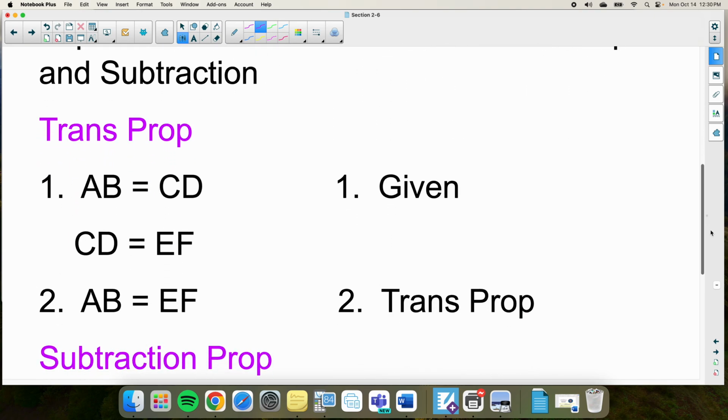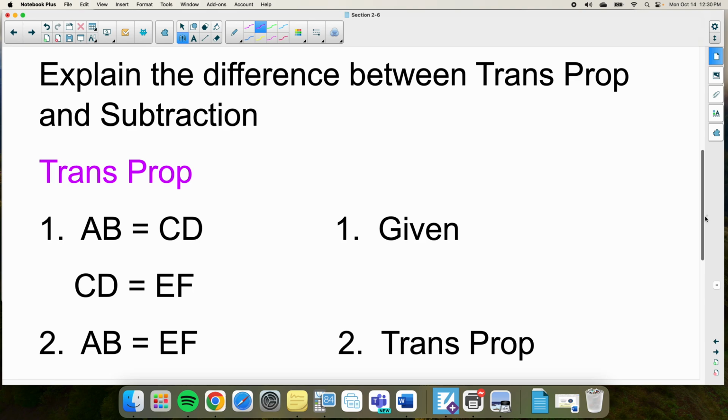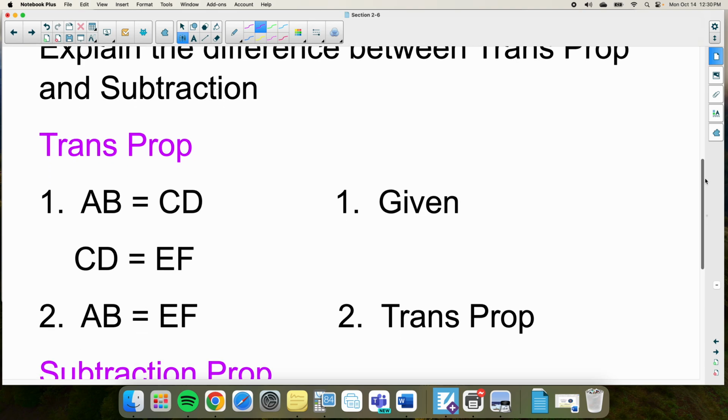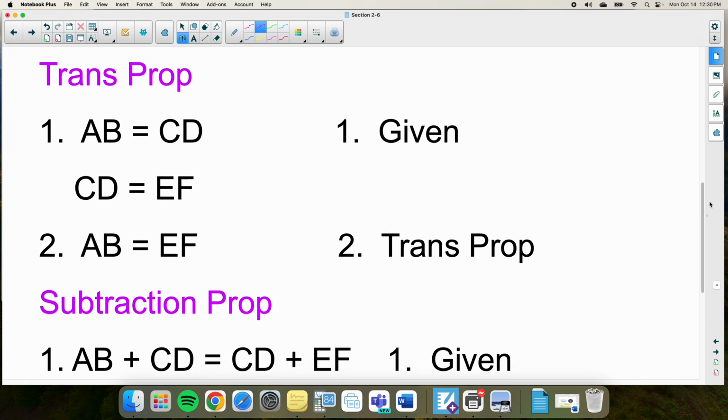The last thing that somebody asked me today, and I've heard this from a couple people this chapter, so I think this is worth going over, is there's a couple people that get confused between transitive and subtraction. Transitive is anytime you have 2 separate equations and the ending of the first and the beginning of the second are the same, and you cross those out and say the outside 2 equal each other.